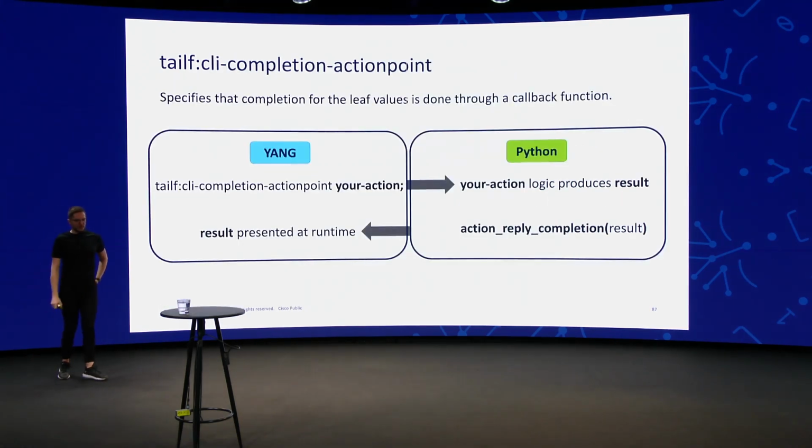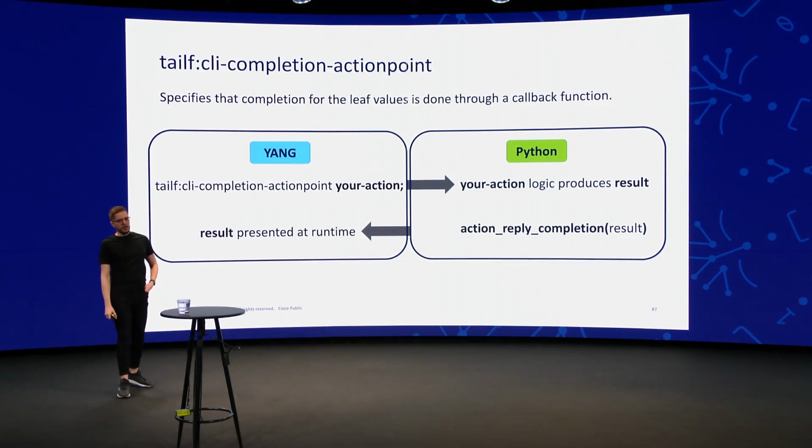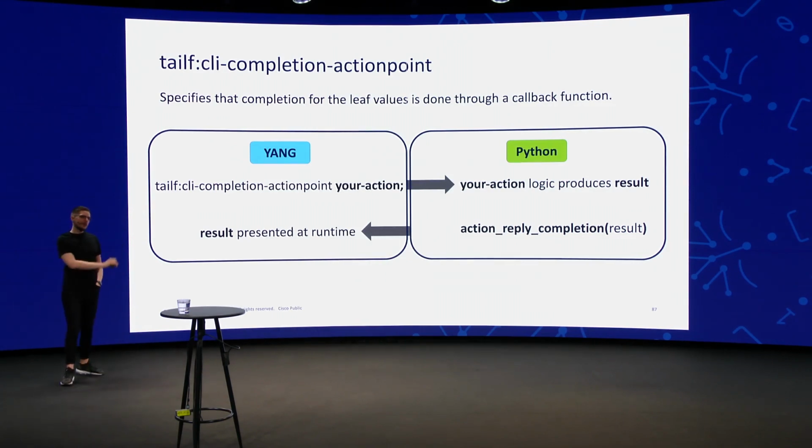But here we are coming to, I think, the last one that I wanted to show you, which is the completion action point. So that's the moment, if you are entirely hopeless with your XPath notations, with your references, with your hints in the CLI, you can use something that is called the completion action point.